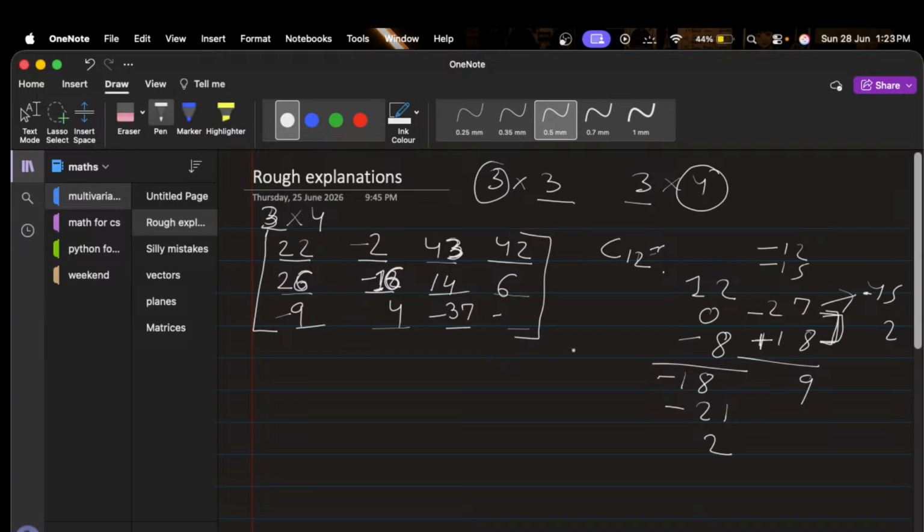Minus 6, minus 6, and minus 24, and positive of 2. So 28, minus of 28. It was fun, but I really think I need to study this a bit more.